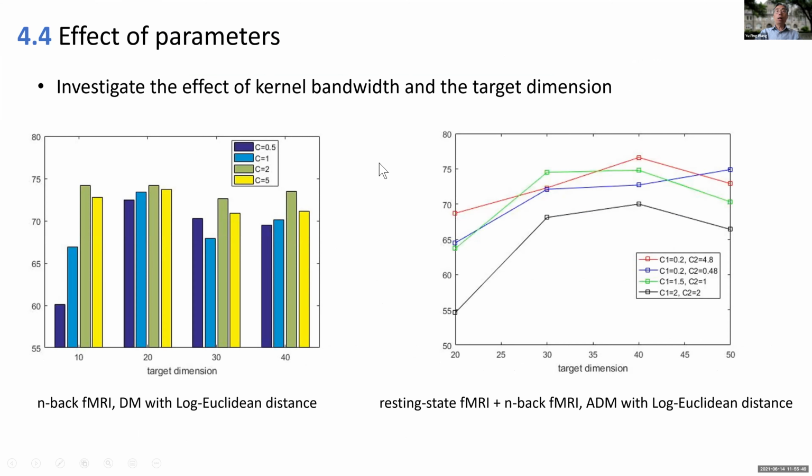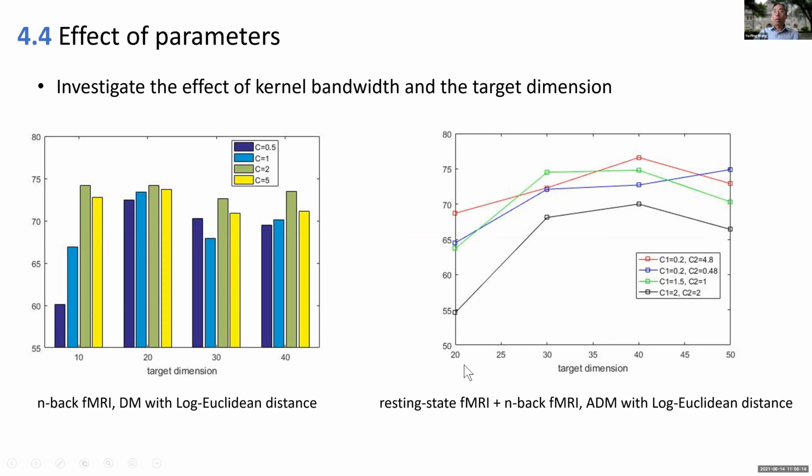For the selection of the kernel bandwidth sigma and also the embedding dimension D, we can use cross-validation. You can see if we pick the target dimension to be 40, we can get the best accuracy.